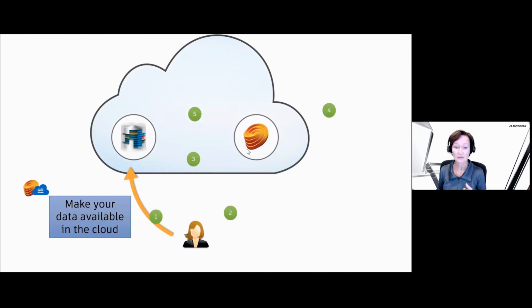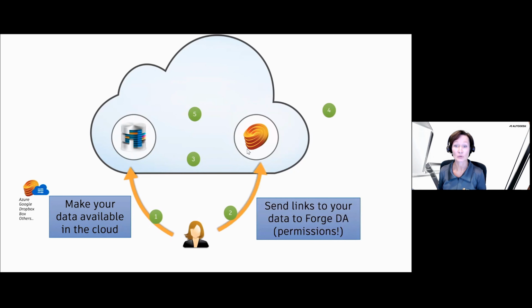On a very high level, how it works, the first thing you have to do is to make your data available in the cloud. It may be BIM 360, it may be Google, maybe Dropbox, maybe your own cloud, doesn't really matter, as long as you specify where this data is, assign URL, and give us permission to access it. And design automation is really about inputs and outputs.